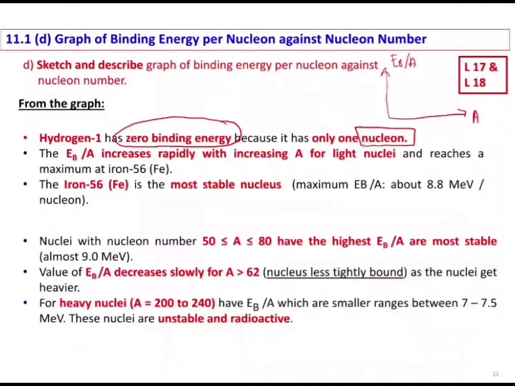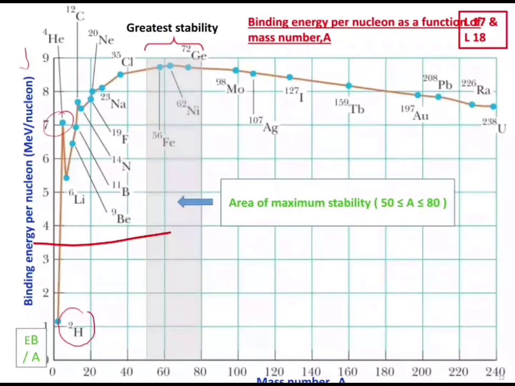It increases rapidly with increasing A for light nuclei and reaches a maximum at ferrum 56. At ferrum, if you look at the binding energy per nucleon, it is very large, which is 8 point something.